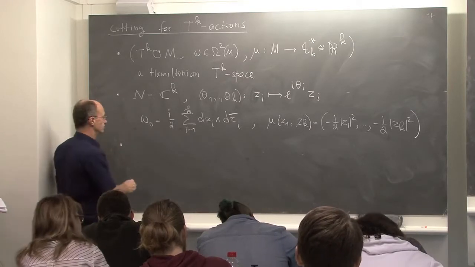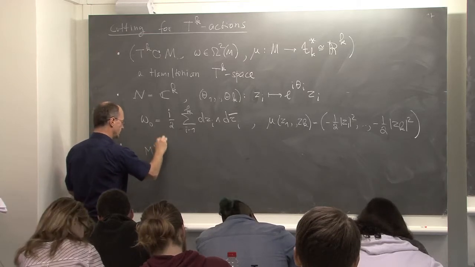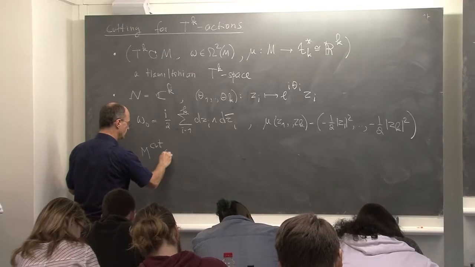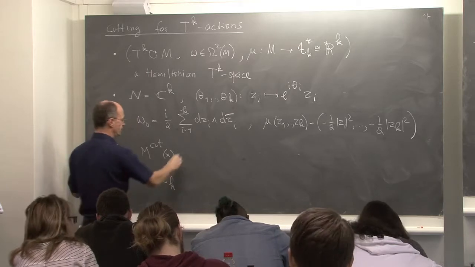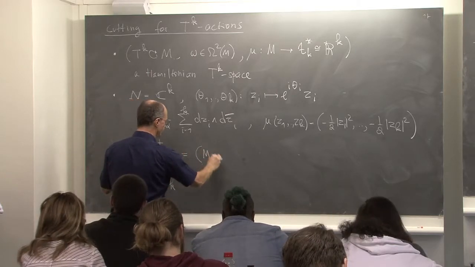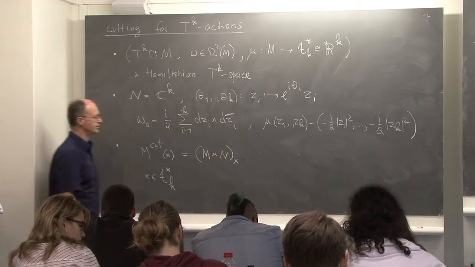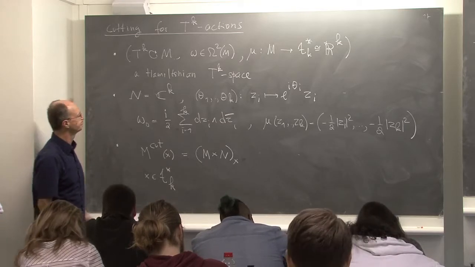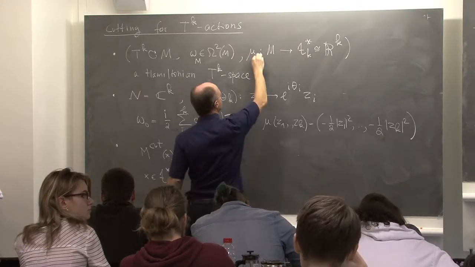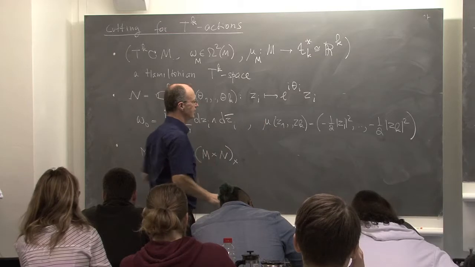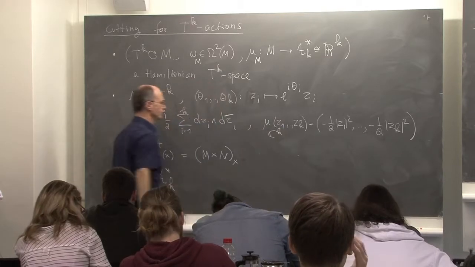Obviously, we can try to simply play the same game. So we want to define m cut of x, for x a point in TK star, to be the reduced space of M cross CK at the level x. So maybe again here I should call this guy mu M, and this guy mu CK.